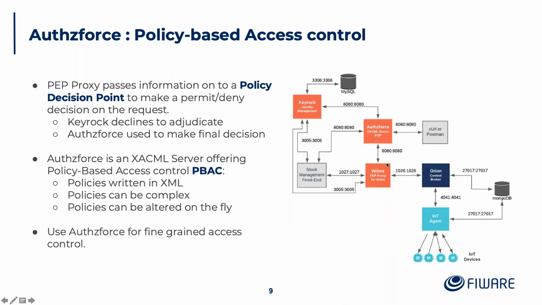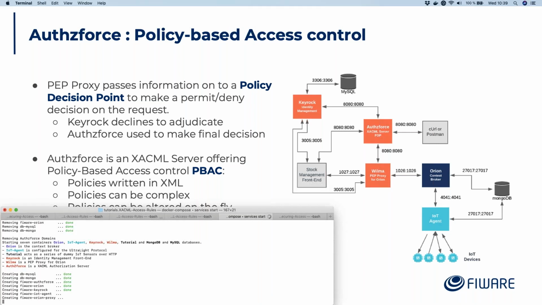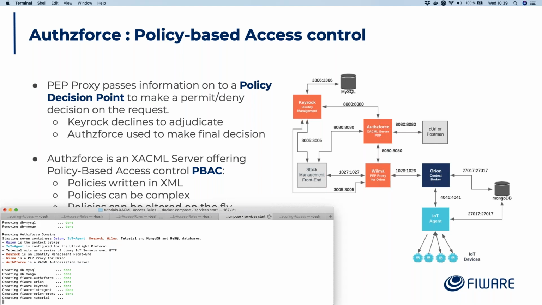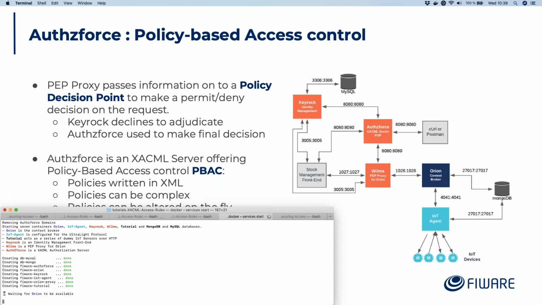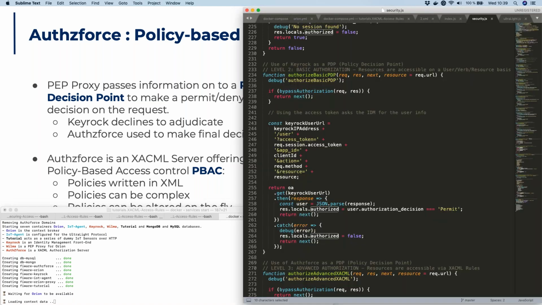Once again, I'll show you the actual diagram. Authzforce is now taking the role of the PDP as opposed to Keyrock. It takes a little bit of time to get everything to start up and running. Obviously, once again, we've got the usual information within our database, which we placed there beforehand.